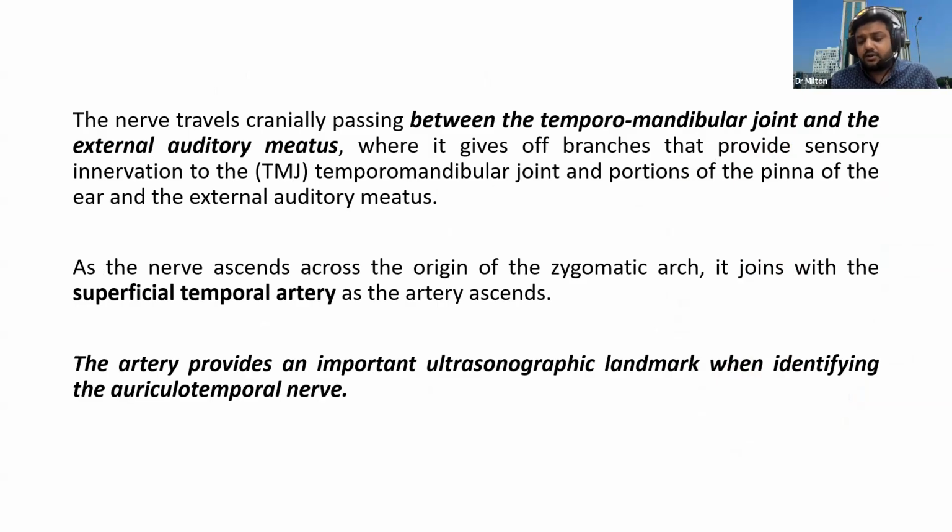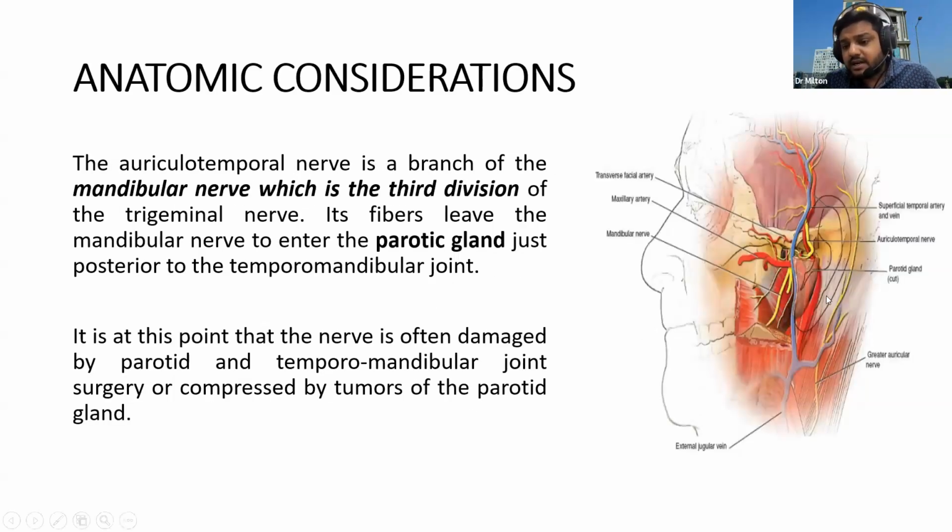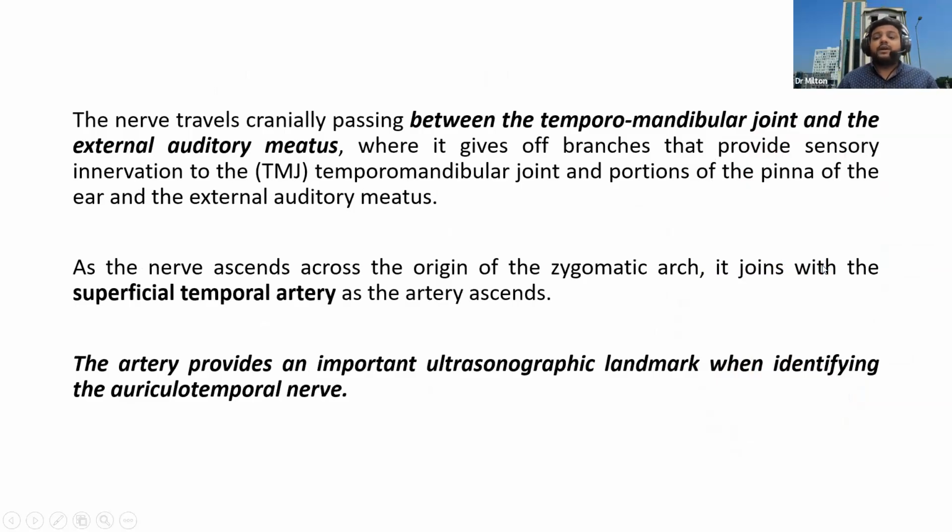Okay, so here we can see the external auditory meatus. The nerve is accompanied by blood vessels, just posterior to the temporomandibular joint, in between the joint and the external auditory meatus.